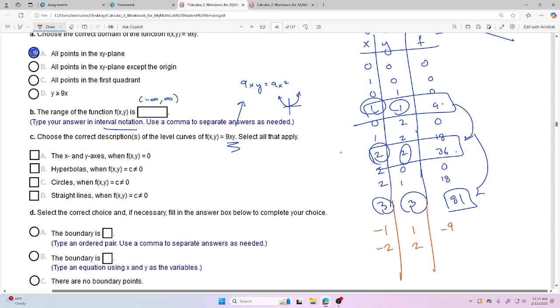Negative 2, comma 2, negative 36, right? Or if I did this way, same thing, negative 36. As long as they're opposite signs of one another, you're going to get a negative. But if they're the same sign, both positive or both negative, then you're okay.